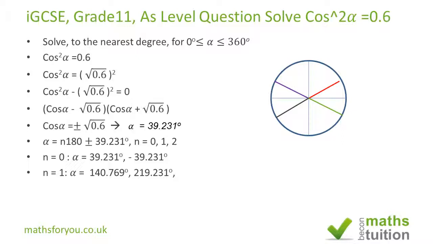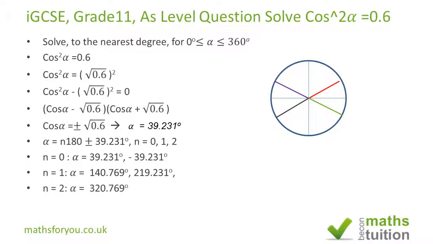Okay, or we can say that 180 plus that 39.231 degrees, so our reference line is there, do 180 plus that 39.231 degrees, and that's 219.231. So all of this angle is 219.231 degrees.